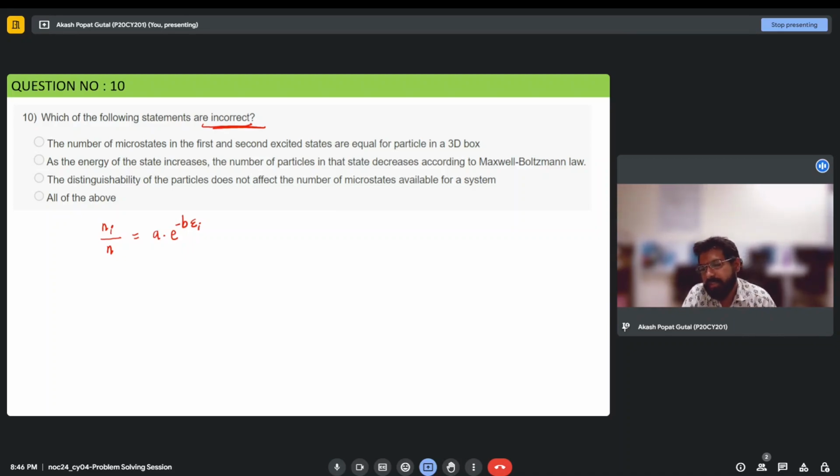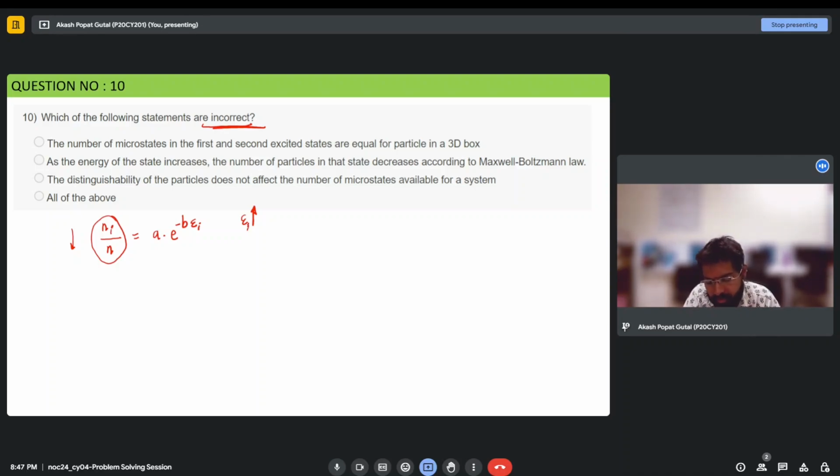So what the statement is saying is, as epsilon i increases, the number of particles in the state decreases. So let's check: if epsilon i increases, e raised to minus beta epsilon i decreases, and once that decreases, the fraction will decrease.